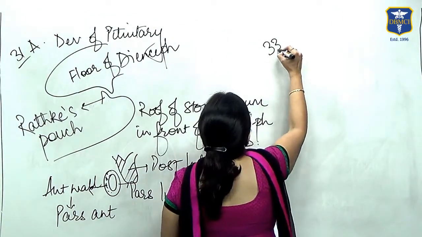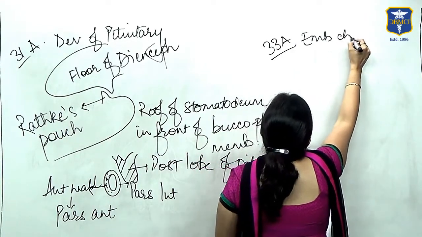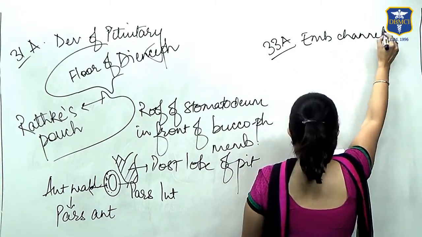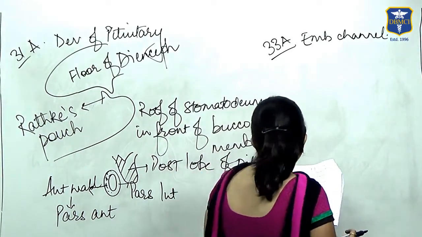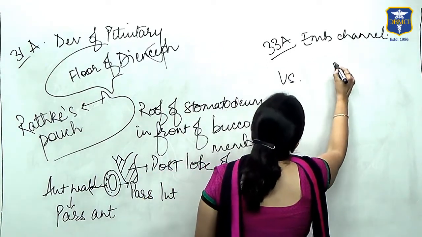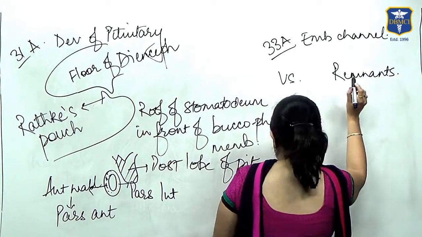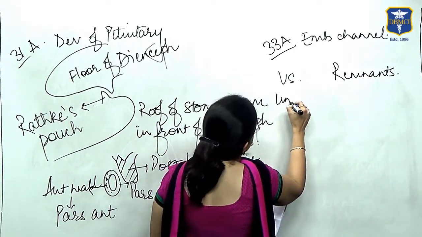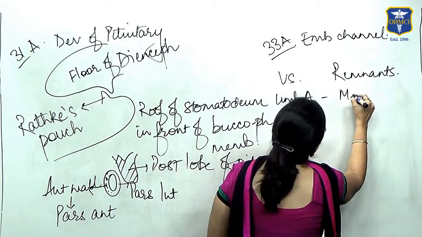Ductus venosus is an embryonic channel that allows blood to bypass the fetal liver. You should know the vessels and their remnants. Umbilical artery forms the medial umbilical ligament.